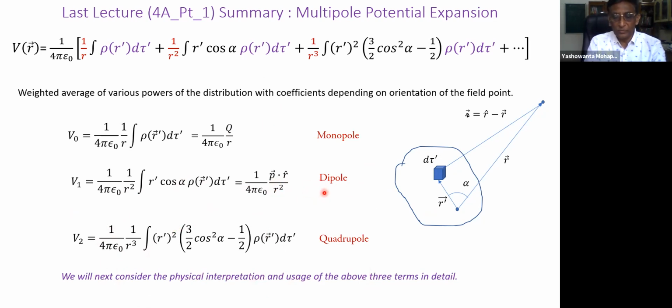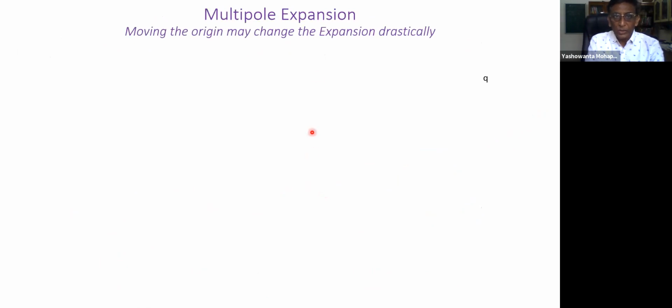First thing to note is that in multipole expansion, moving the origin may change the expansion drastically. To prove the point, suppose I have a point charge q, which was initially at the origin.